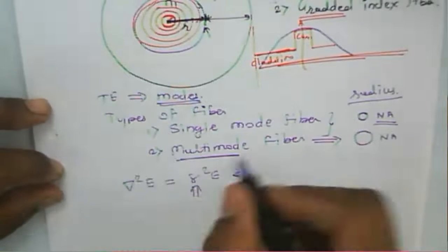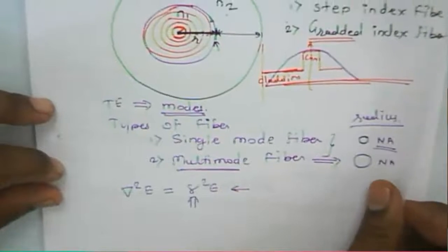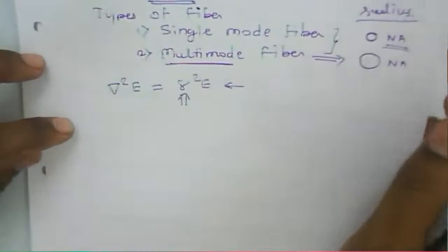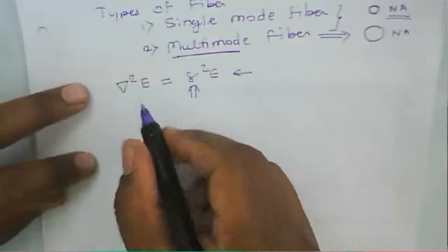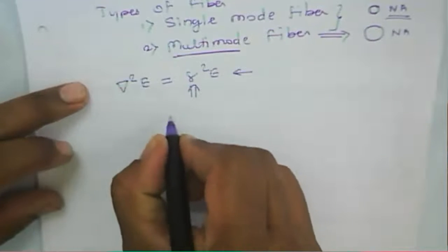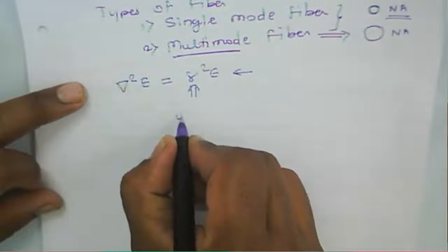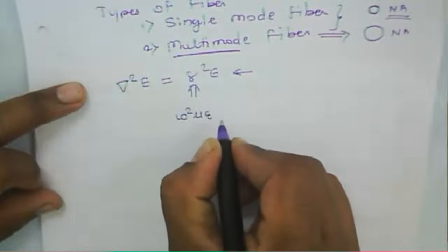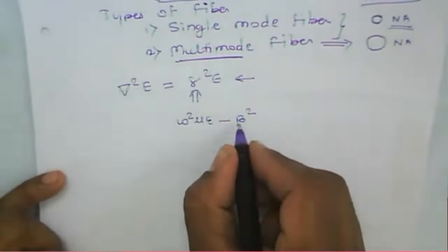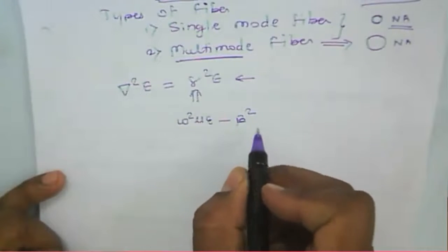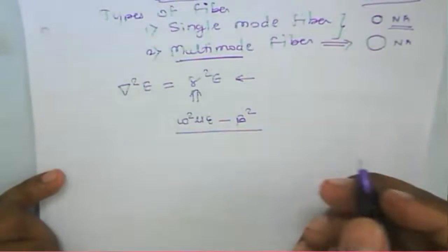Similarly, we can define it with respect to the magnetic field, but we consider here the electric field. And then how your wave is propagating depends upon the factor of a phase constant. And based on that, we can find out the wave number.